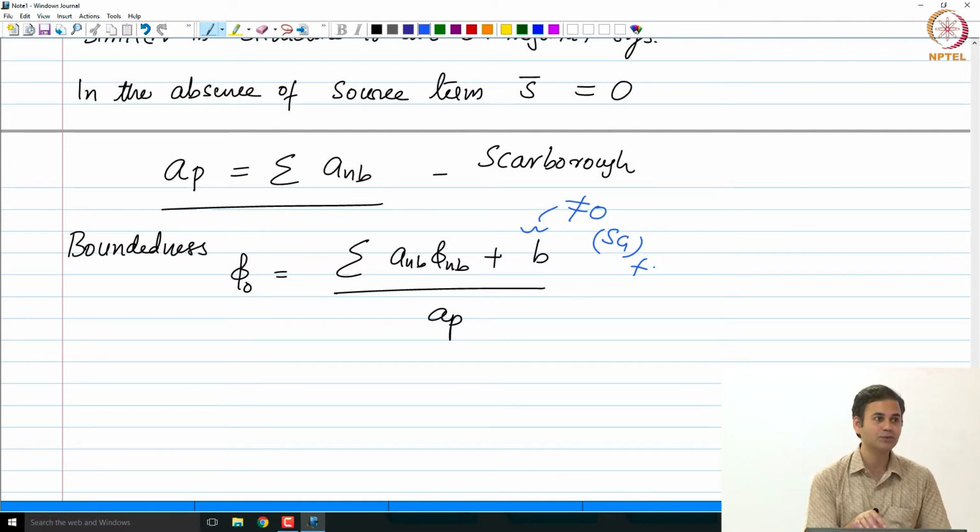So, in some sense we can think of the boundedness as not just by the face neighbors, but also with the cell vertex neighbors as well. But it may still not be bounded, because the property of sigma nb by ap equal to 1 is not satisfied for those coefficients.